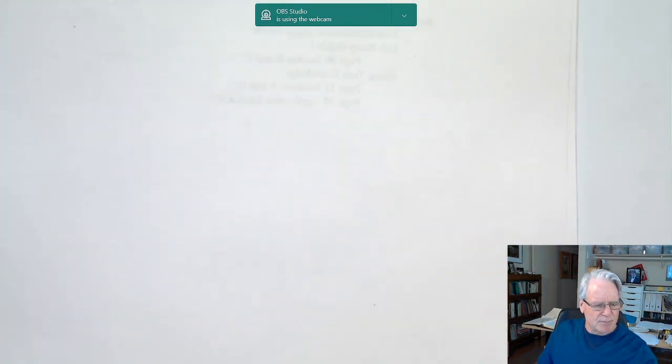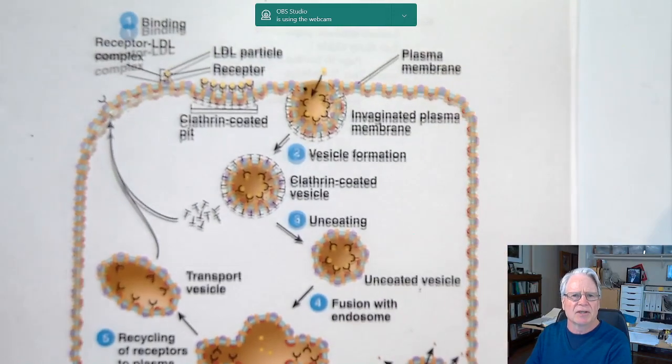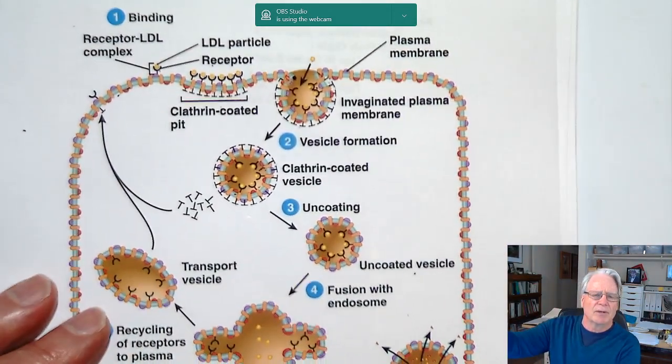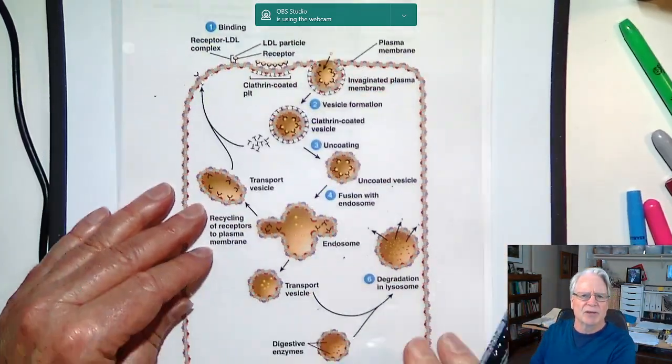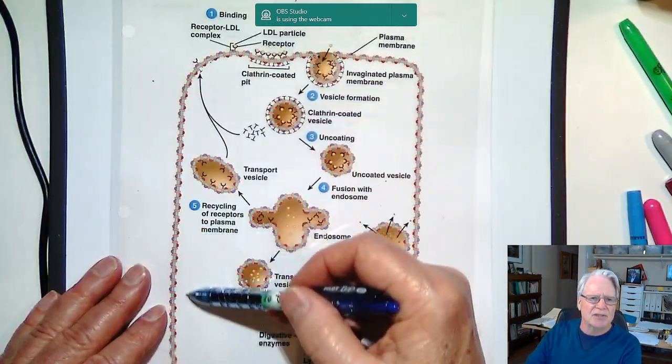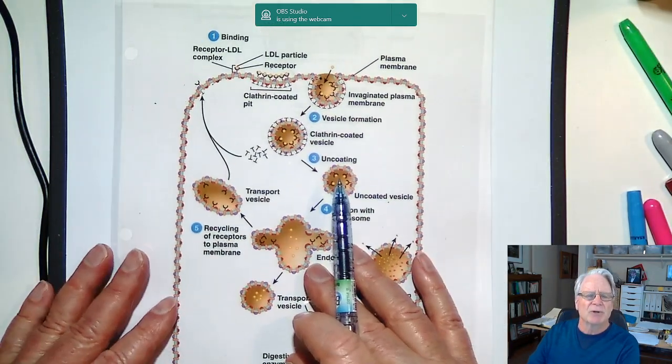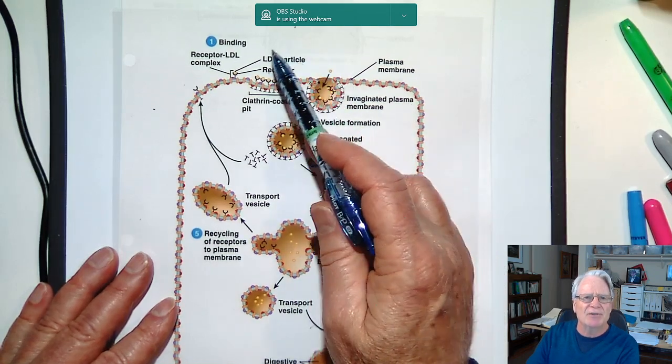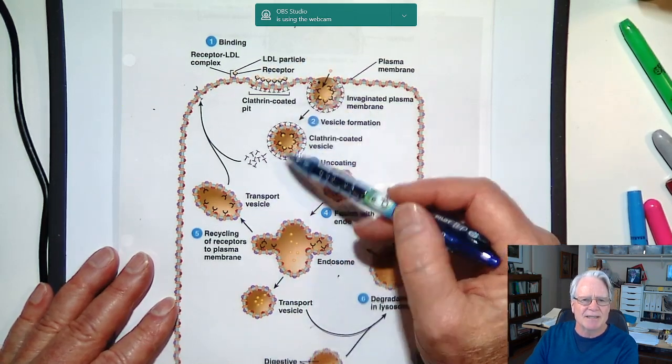And here's an example of a process of endocytosis. Let me zoom out so we can see a little bit more of this. So this represents the membrane of a cell. There are some things on the outside of that cell, and we want them on the inside of that cell.